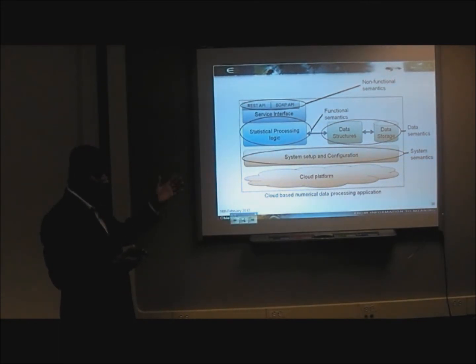It should not affect your functionality, the logic that you are implementing, your data, or your system configuration. On the other hand, if you would like to make this much more scalable, you change your system configuration, but your functionality or data does not have to change. So these aspects are mostly independent of each other, or we call them orthogonal to each other.